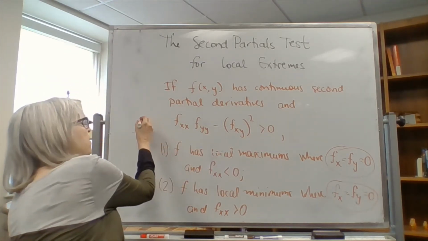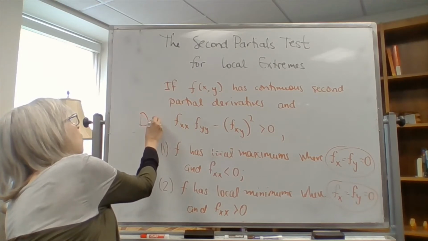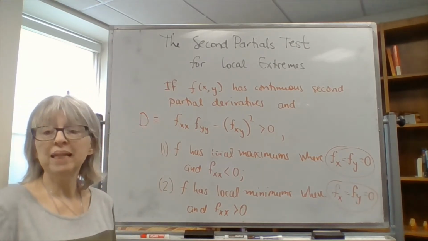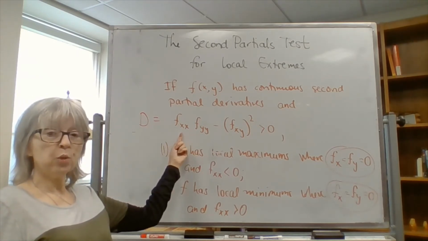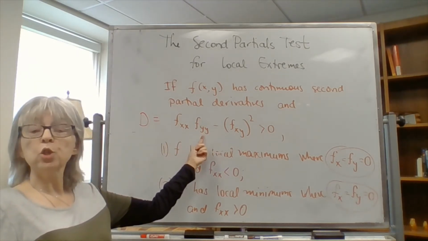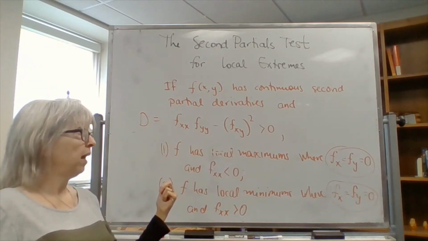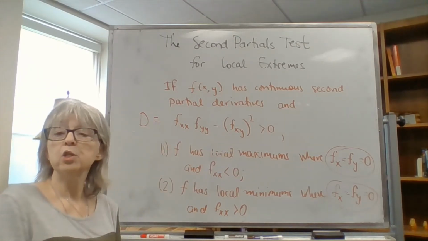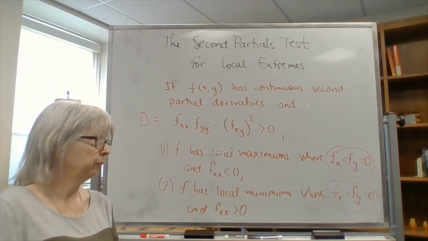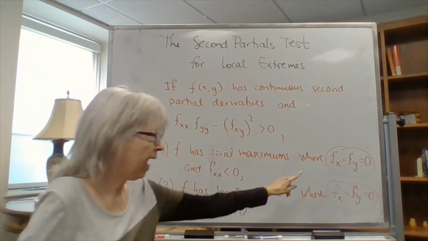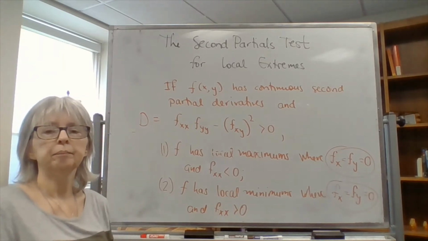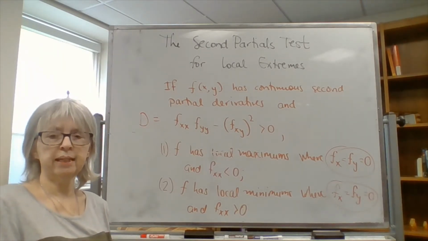This is a function of x and y, and you can use a big D to represent it. Take the second partial with respect to x, second partial with respect to y, multiply them. Subtract the square of the mixed partial, and as long as that is positive at your critical points, then you move on to the next step.